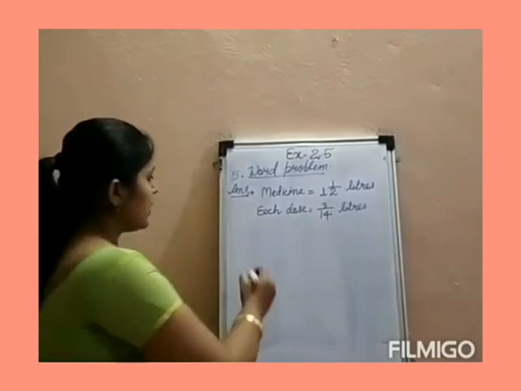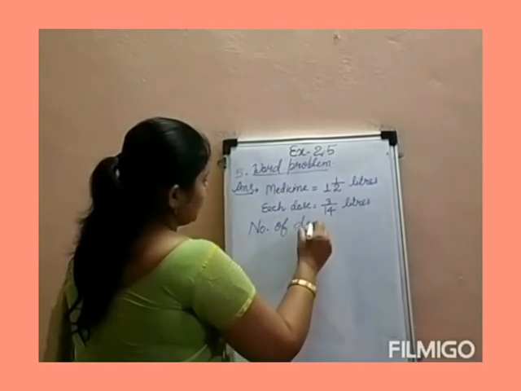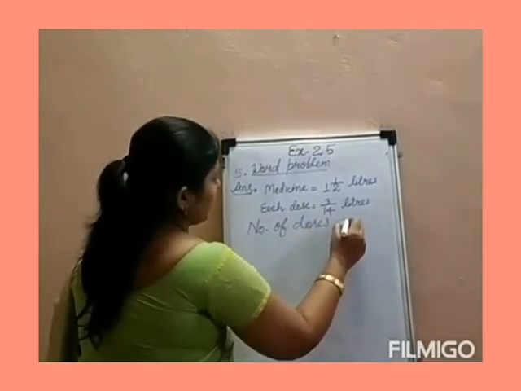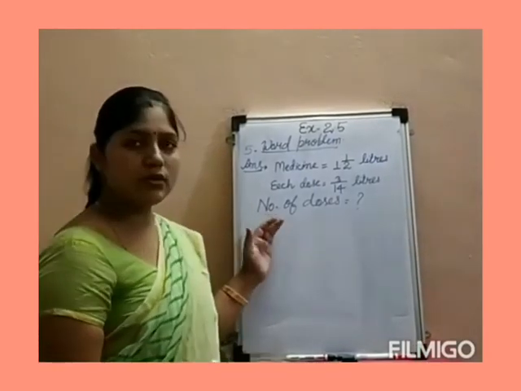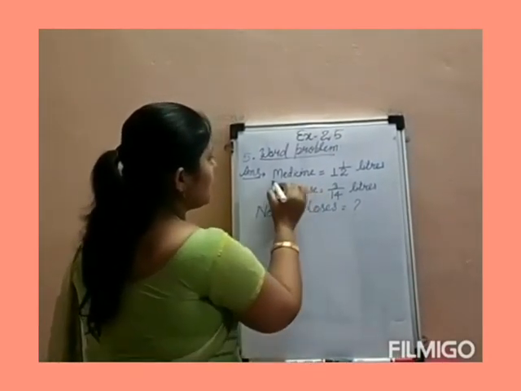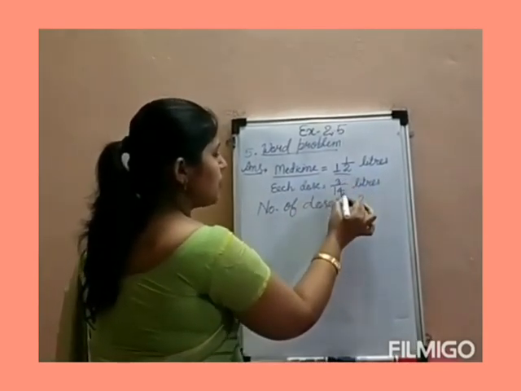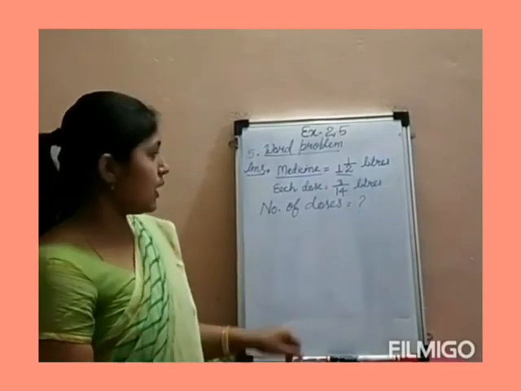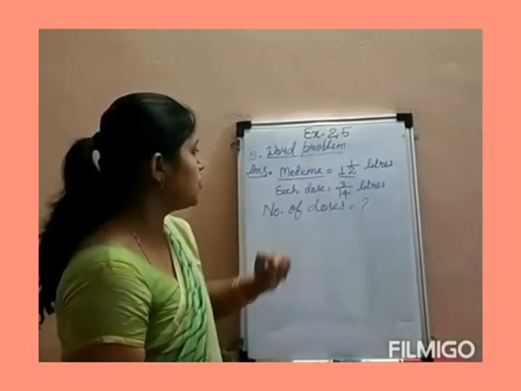So we have to find out the number of doses. Question you can see from your book. So the total quantity of medicine is 1 and 1 upon 2, and each dose is 3 upon 14.